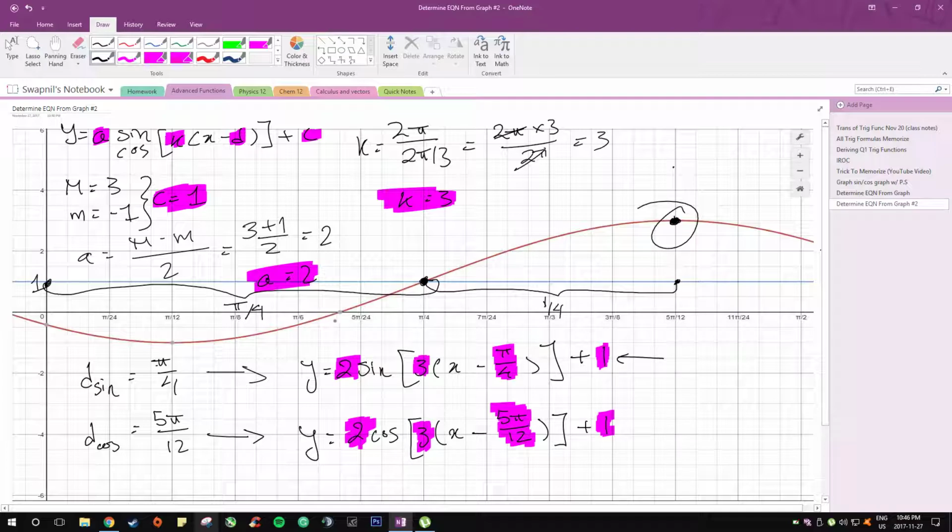It's best to take the point when the instantaneous rate of change is positive. Right here it's 0, right here it's increasing, and what that really means is, for the d value for sine, take the point where it's touching the midline, and then it's going upwards. So this here is going upwards.